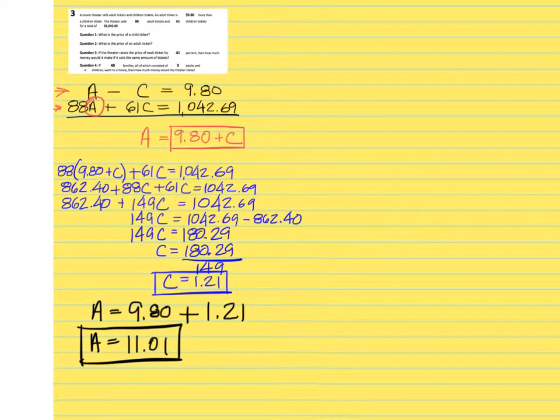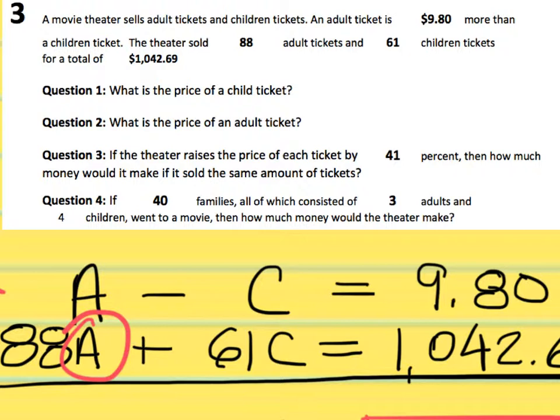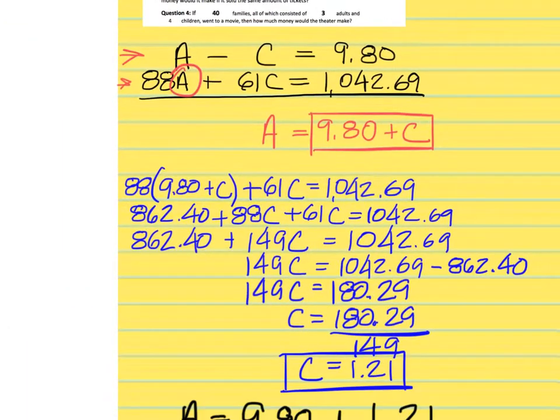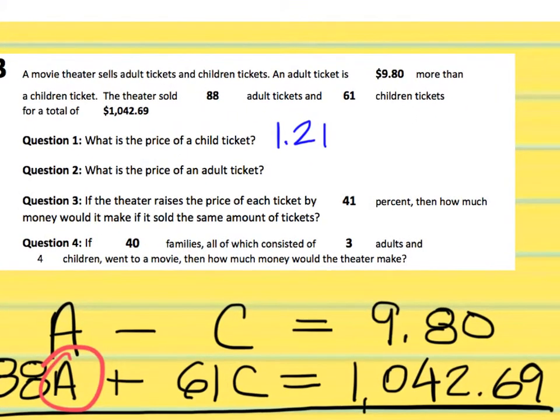You've just solved for the children ticket and the adult ticket. But you must go back and answer these questions. Well, first of all, what is the price of a child ticket? We've already answered that. That's $1.21. And the price of an adult ticket we found to be $11.01. So we will put that in there.